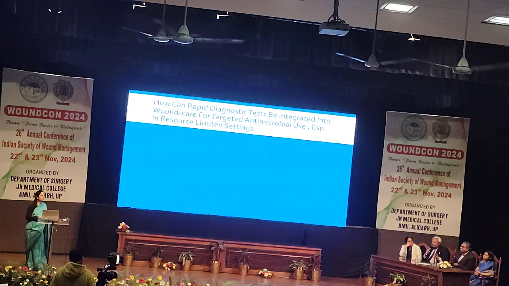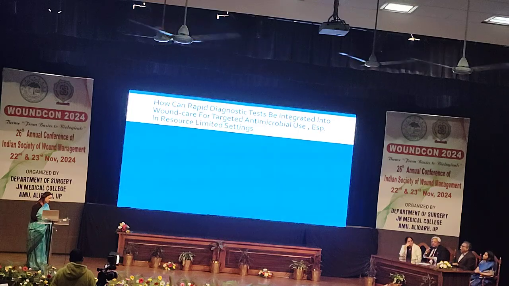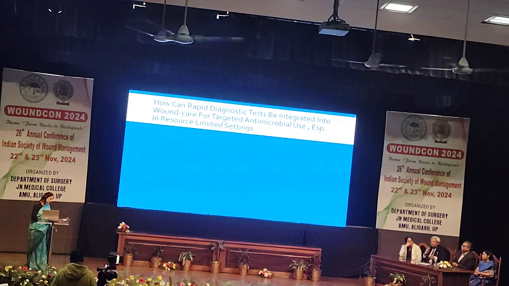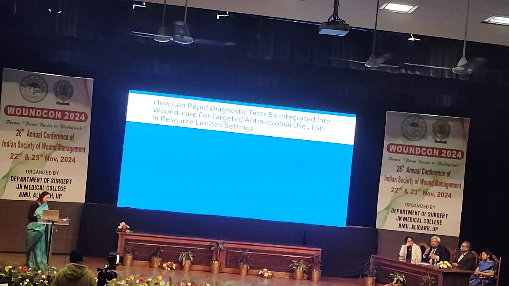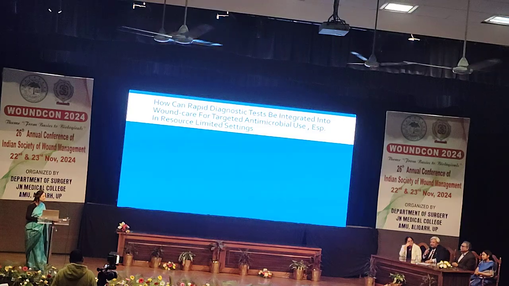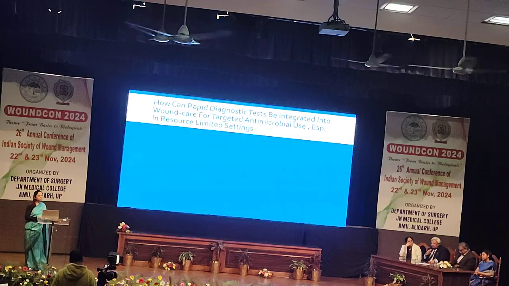and not Staph aureus in the periphery, because swabbing is not a good way of collecting, because you want to differentiate between colonization and infection, and so it's been suggested that you should have punch biopsies and you should do quantitative culture. And if the bacterial load is more than 10 to the power 5, then you should consider that it is infection. If it is contamination, then maybe local antibiotics or cleaning would do.